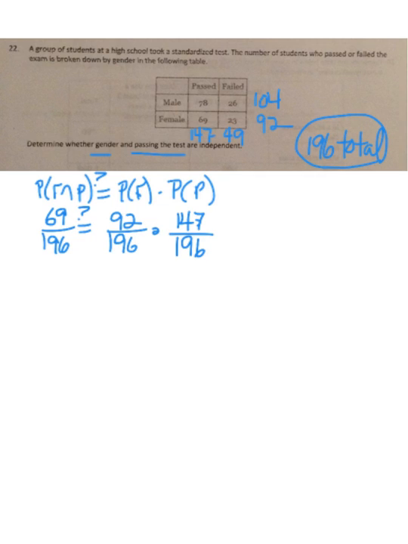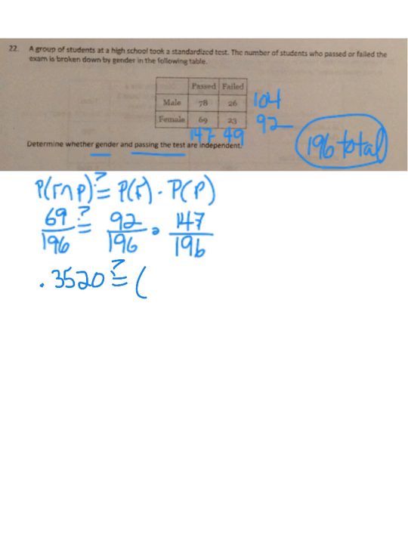All right, so I'm just going to start and go from left to right. So I'm going to put this fraction in my calculator, get a decimal equivalent. Same thing here, and then I'm going to work it all out. All right, so 69 over 196 is 0.3520. I'm not sure, so I'm going to put a question mark over my equal sign.